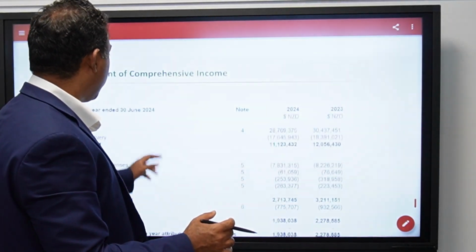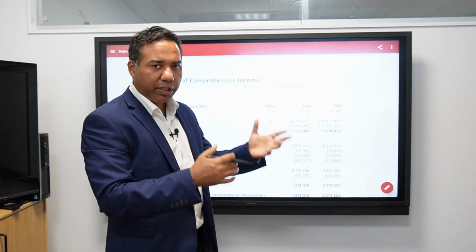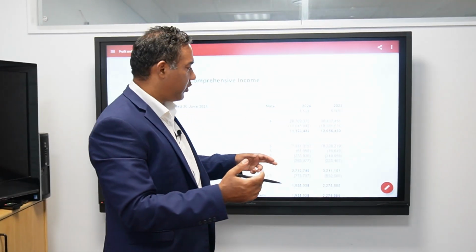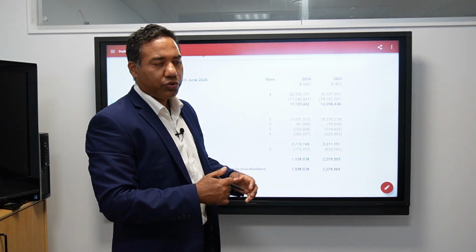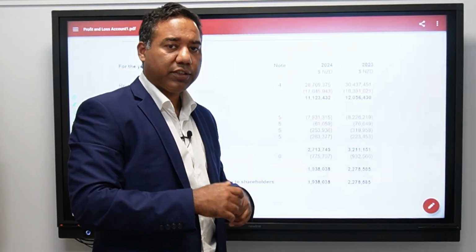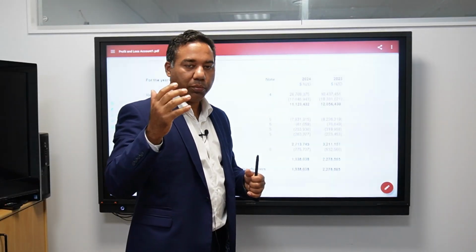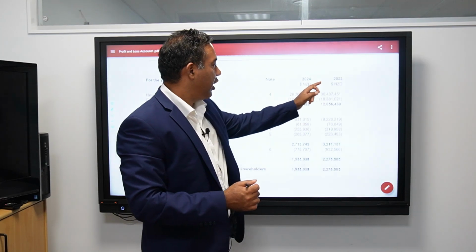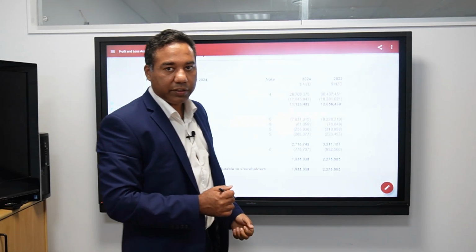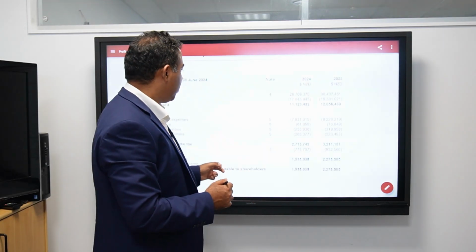So we call it statement of comprehensive income. Same thing, it's a profit and loss, but a different concept. Here we're talking about sales, but for sales, go to note number 4. Note number 4 of the financial statements shows what the sales comprise of. There will be 5 or 6 different categories. Again, we're showing comparatives versus last year, 2024 versus 2023.